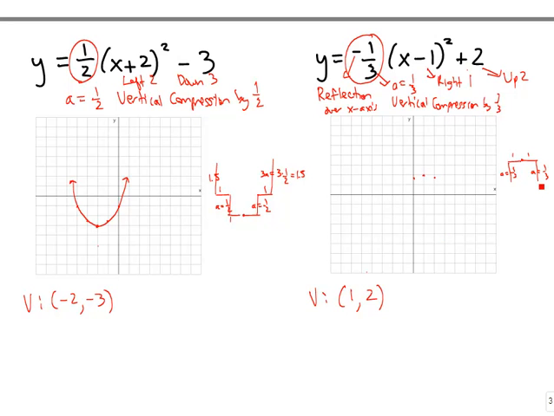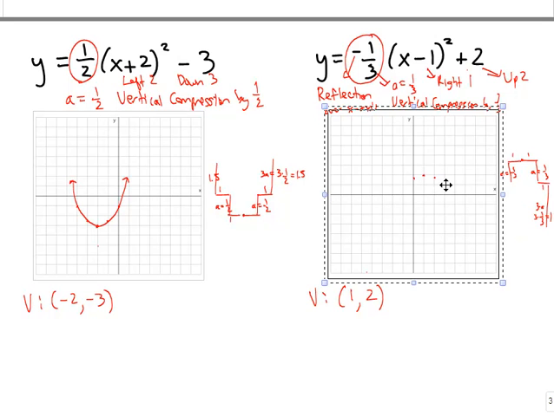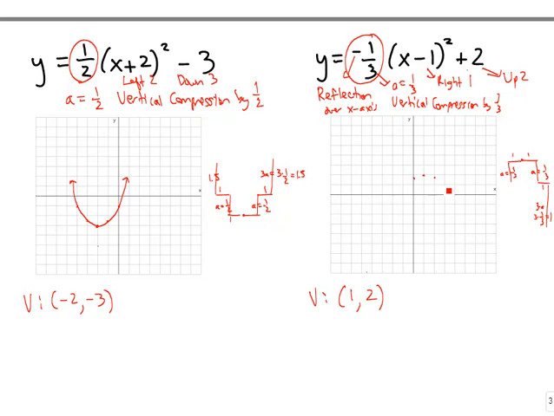To get a couple more side points, we'd go over 1, down 3 times a, so 3 times 1/3 is 1. So from this point on the side, we're going to go over 1, down 1, so that's still going to be, oops, sorry about that, we're still going to be at a little fractional amount. This time we're going to be at a height of 2/3 when we end up.